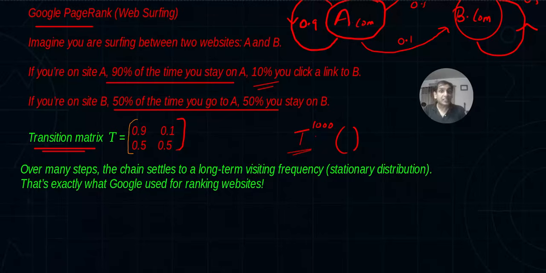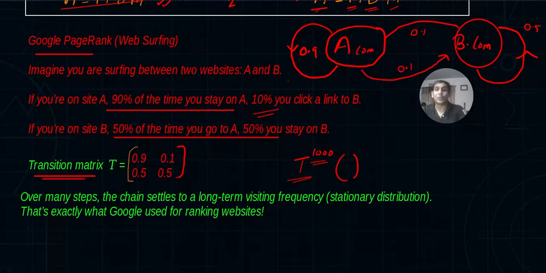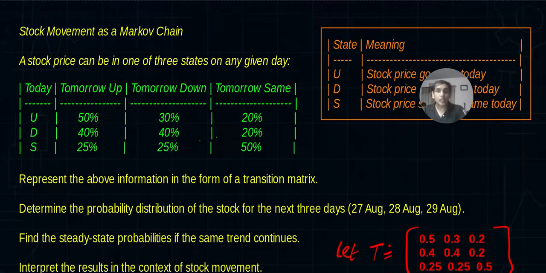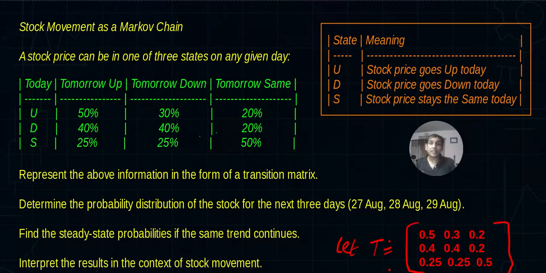And now look at this, T to the power 1000. That looks like an impossibility even with computers. So what we do is we use this formula and we evaluate it. Not we, the computers.